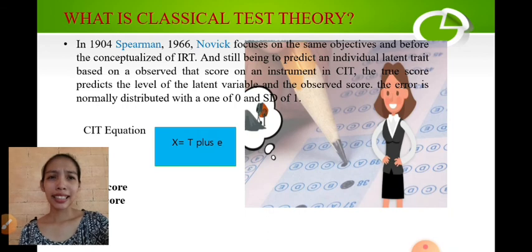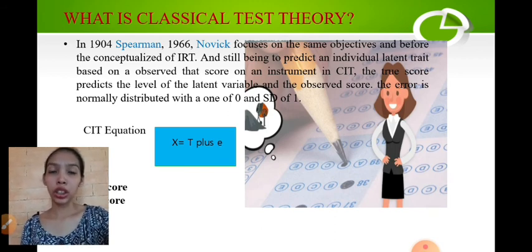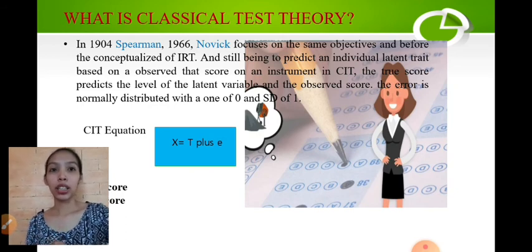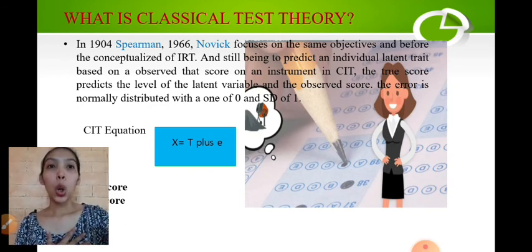So what is classical test theory? In the year 1966, Novick focused on the same objectives before the conceptualization of IRT. IRT, item response theory, is still used to predict an individual's latent trait based on the observed score on an instrument.